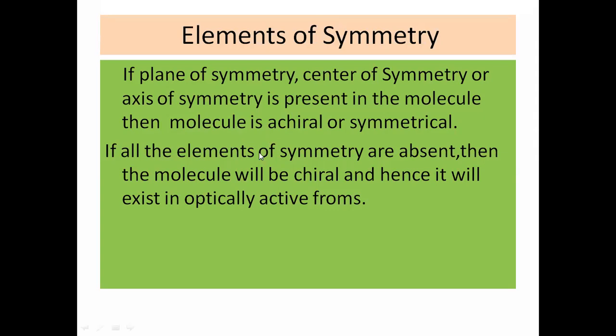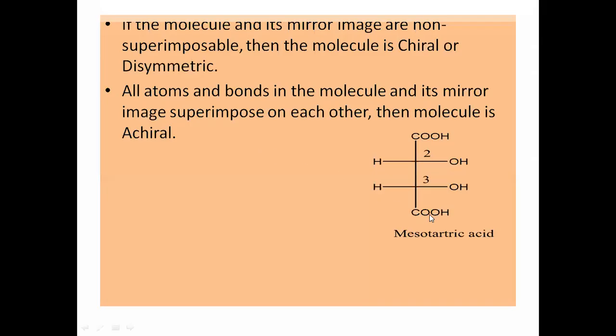You see the previous example, meso-tartaric acid, where a plane of symmetry is present. If the molecule and its mirror image are not superimposable, then the molecule is chiral or dissymmetric.